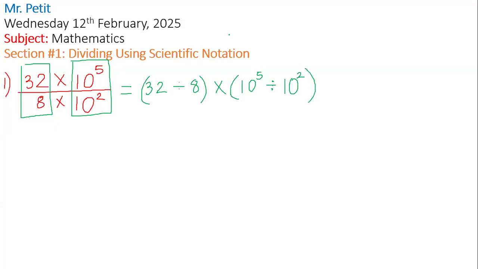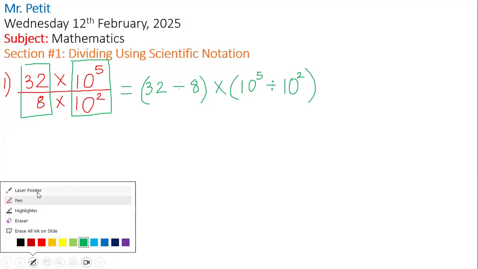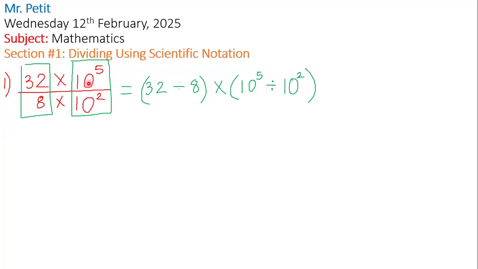So what did I do here? All I did was I group my like terms. So I say 32 divided by 8 because those are the numbers, and I have 10 to the 5th divided by 10 to the 2nd power.